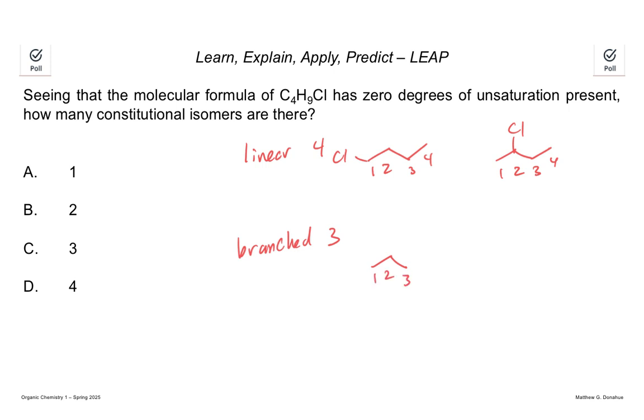Now we have a carbon and a chlorine. The carbon has to go at position 2. And now we can stick the chlorine at position 1. Or we can put it at position 2. So this would get us 4 isomers. And hopefully you can see where this exercise is going now.